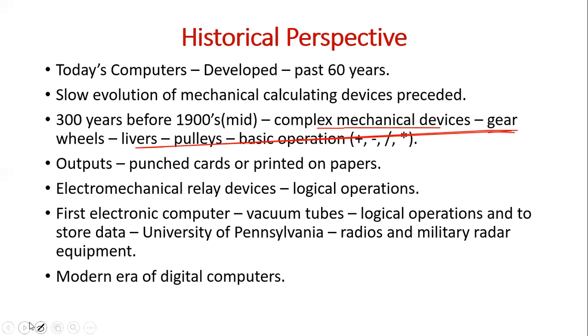These mechanical devices were used to perform basic arithmetic operations like addition, multiplication, subtraction and division. These are the very oldest form of computers. In these devices, the outputs were through punched cards or printed on paper. There were no display devices.